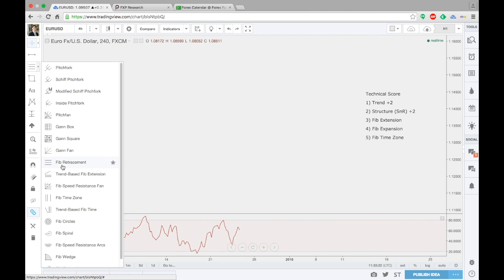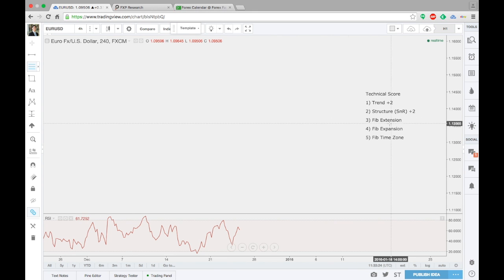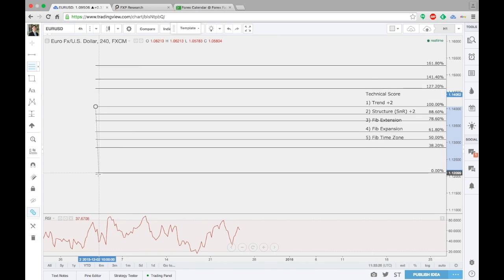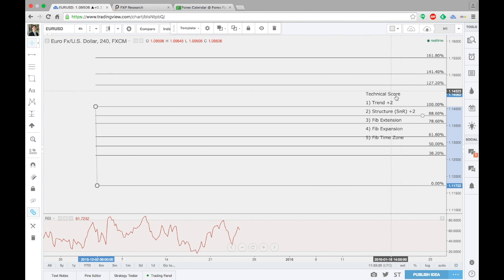It's called the fib retracement. Basically, what I mean by extension: if I pull it in, you can see that the numbers run from 0 to 100, and beyond 100 we have 127.2, 141.4 and 161.8. So anything above the 100 is considered the extension.